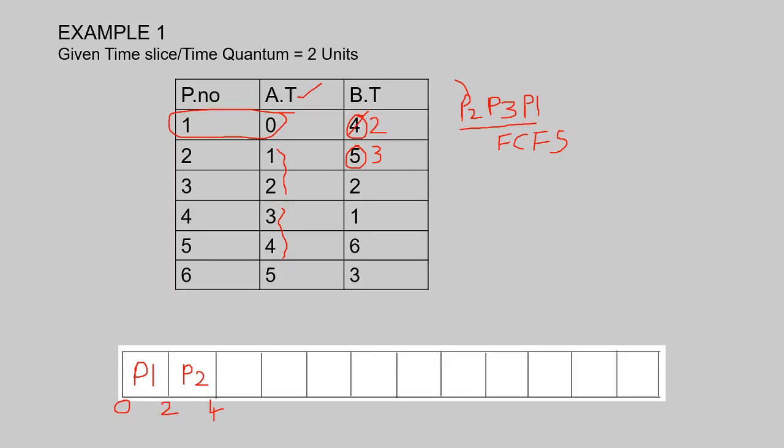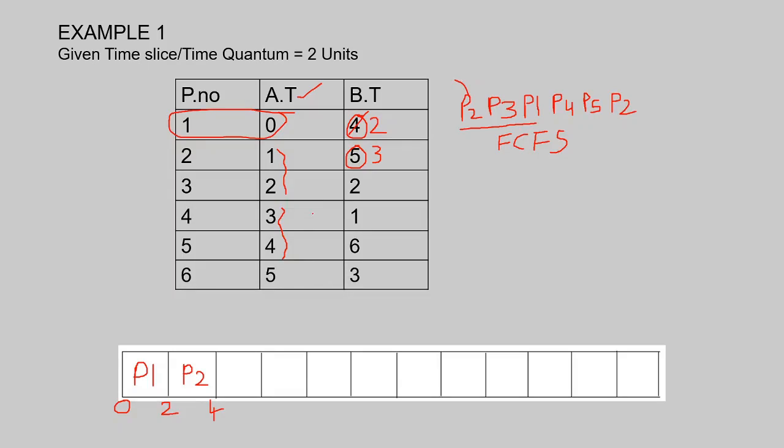Yes, till unit 4, process P4 has come in the queue and process P5 has come in the queue now. So this is the queue. Now the CPU will be taken away from process P2. P2 has not finished its full execution, so put P2 in the queue again now.